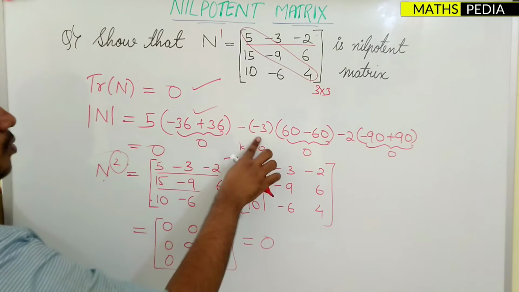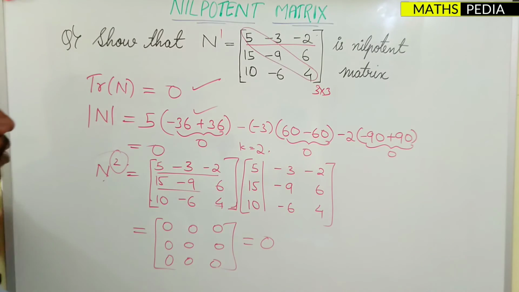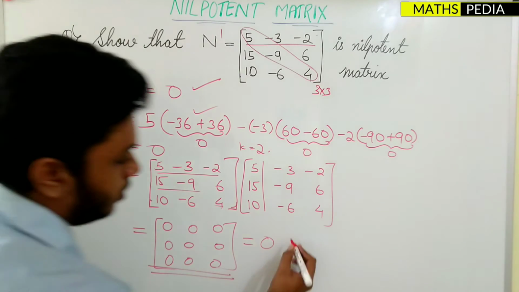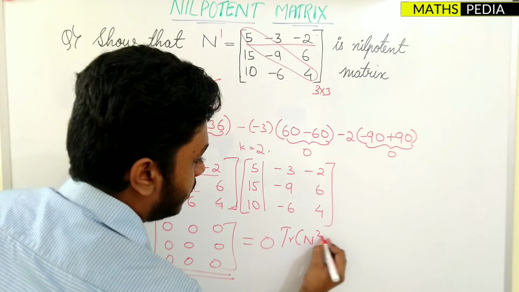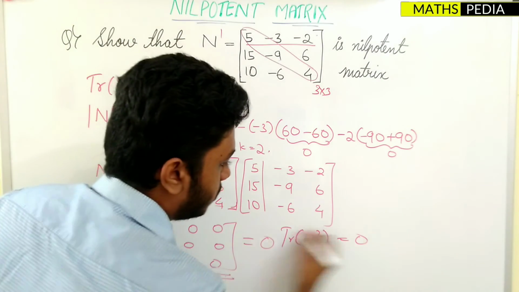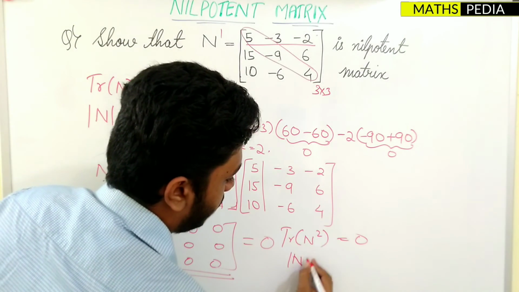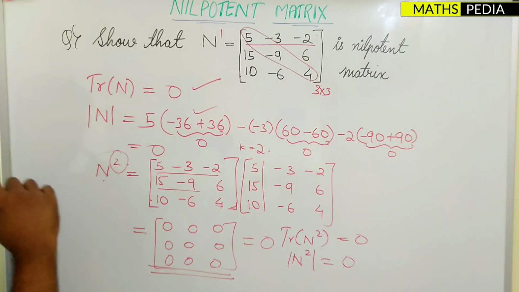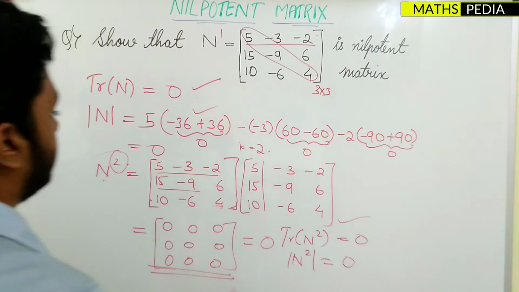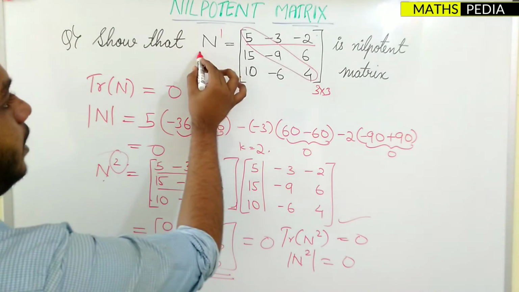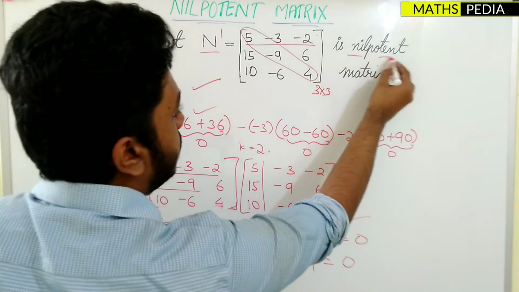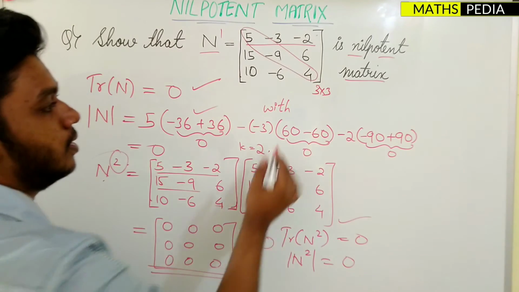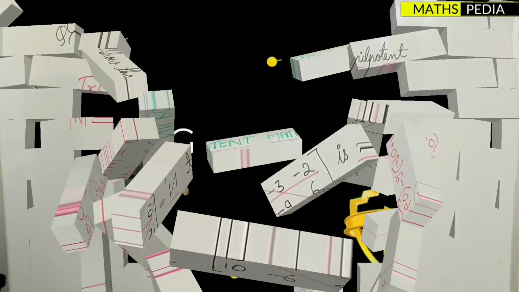So I have to take k as 2. Therefore, the trace of N power 2 will also be equal to 0, and the determinant of N power 2 will also be equal to 0. So I can say all the conditions have been satisfied. Therefore the given N matrix is a nilpotent matrix with the power, or the index, equal to 2.